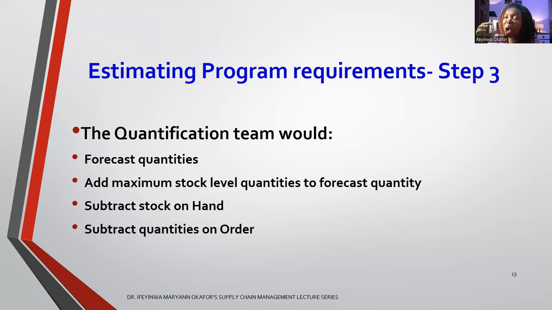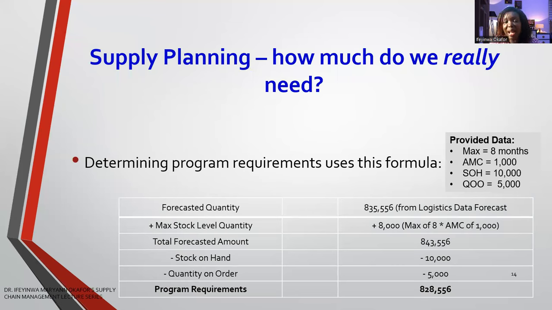We use that to do our forecast and we obtain a figure. It is that figure that you bring at this stage. You add maximum stock level quantity to this figure. And the next thing you do, you subtract stock on hand and then subtract quantities on order. When you have done that, you arrive at program requirement.